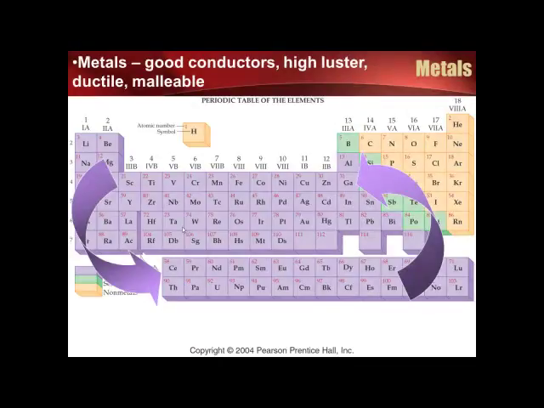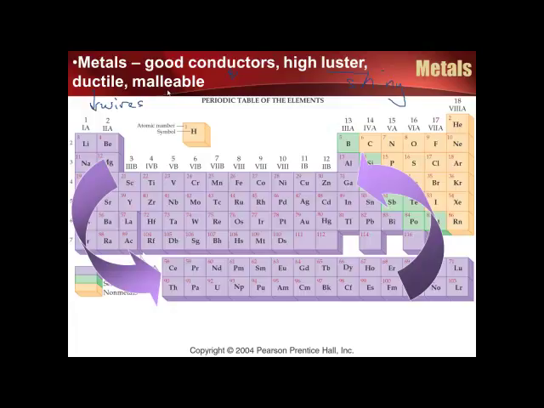Okay. Here's a line you should be writing in your notes. Metals are good conductors, have high luster, they're ductile and malleable. So we're talking about good conductors of electricity. So that's what conductor means. It can conduct electricity. Luster means it is shiny. Ductile means you can draw it into wires.